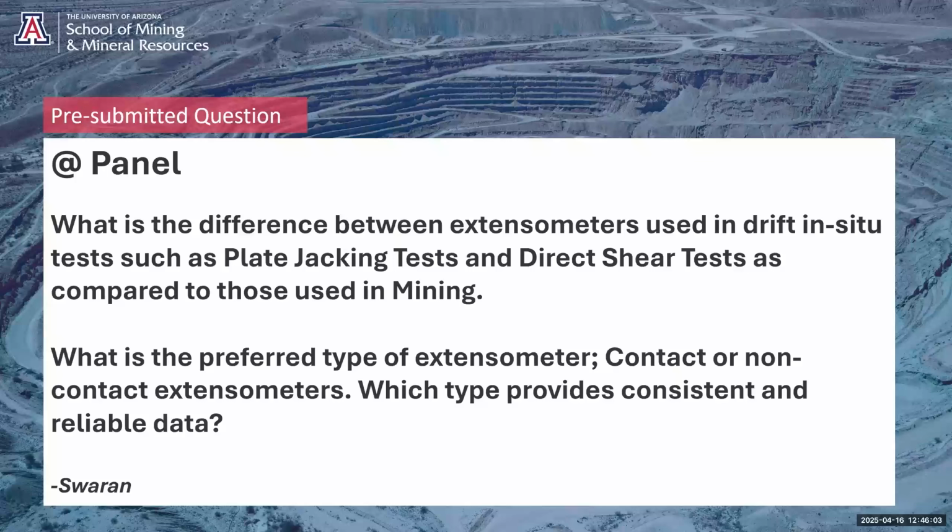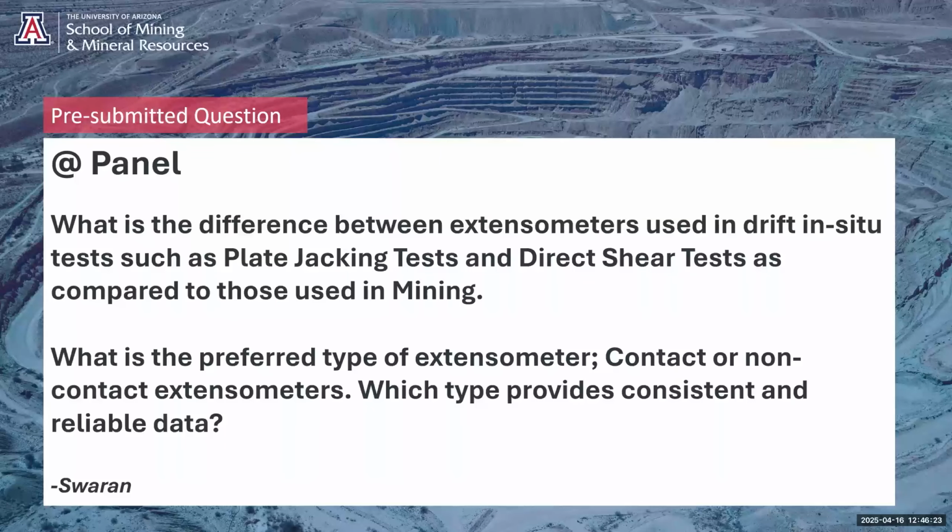And from there, you get the full displacement curve in relation to shear force. More or less similar to a plate jacking test, which is more for evaluation of Young's modulus of the deformability in rock masses.